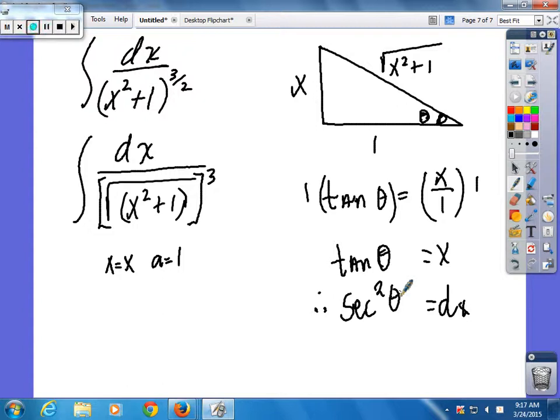And we know that the square root of x squared plus 1 is the secant. So secant of theta is equal to the square root of x squared plus 1, or secant is equal to hypotenuse over adjacent.